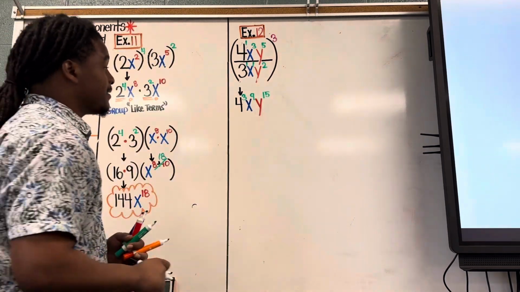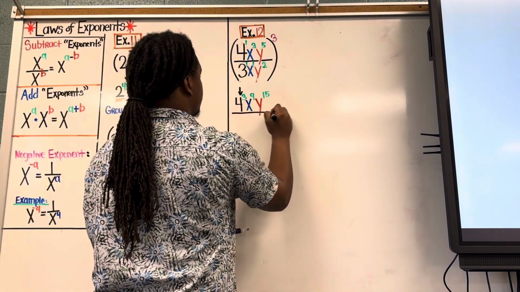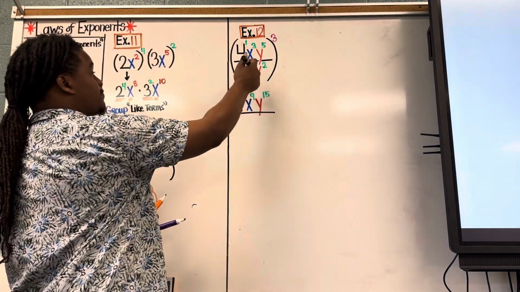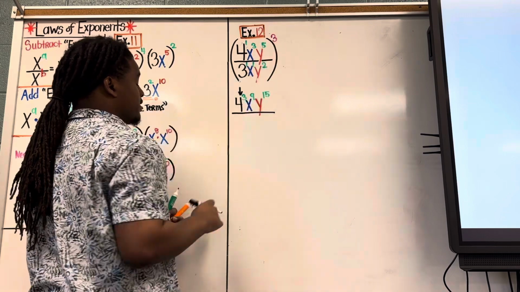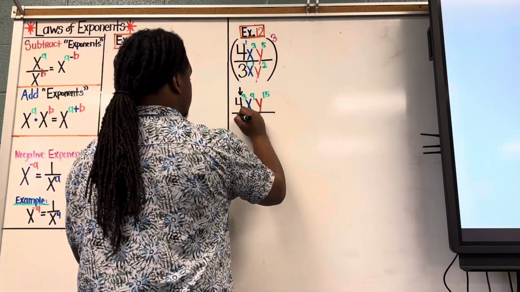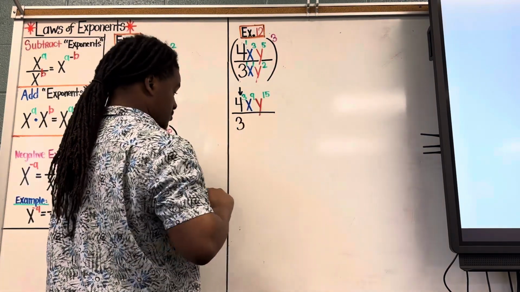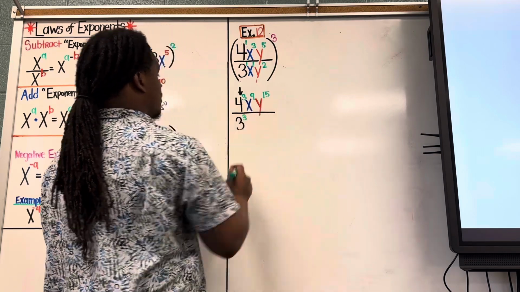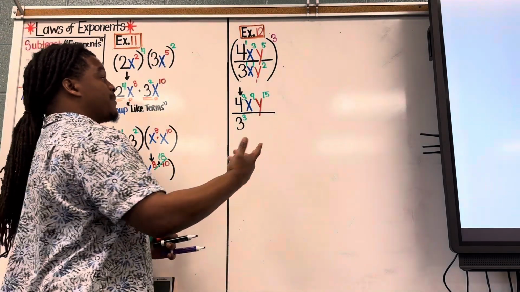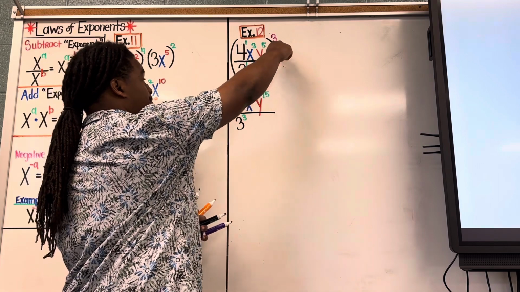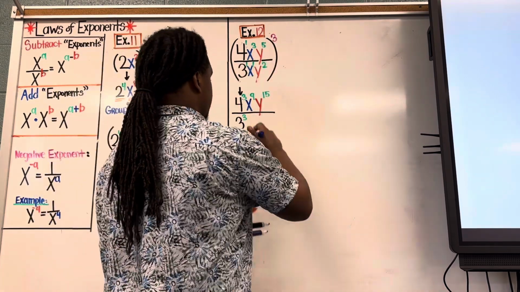But we're not done, because we also have to do the bottom. So 3 to the first power, the power of 1 times the power of 3 is 3, so that's 3 to the third power. x to the first power, the power of 1 times the outside power of 3 is 3, so that's x to the third power.